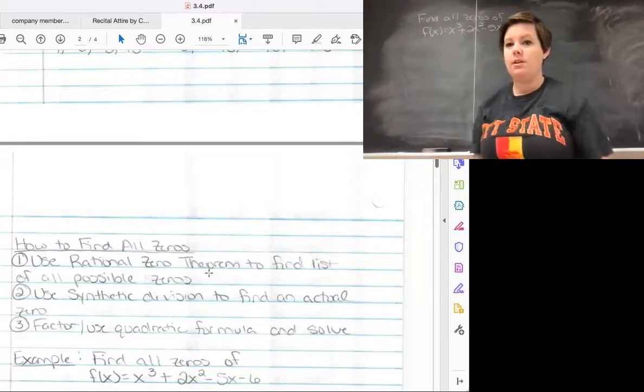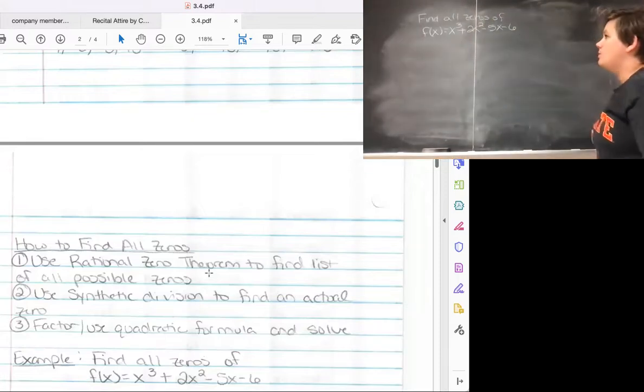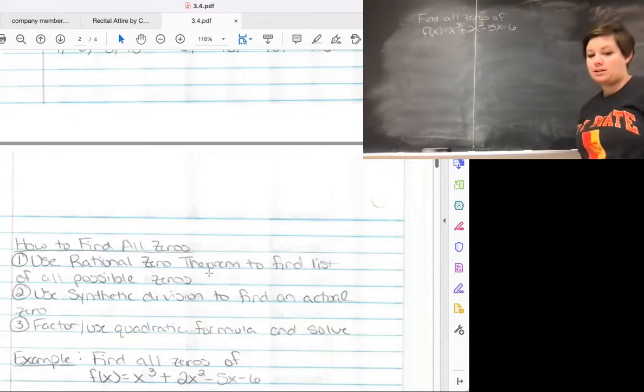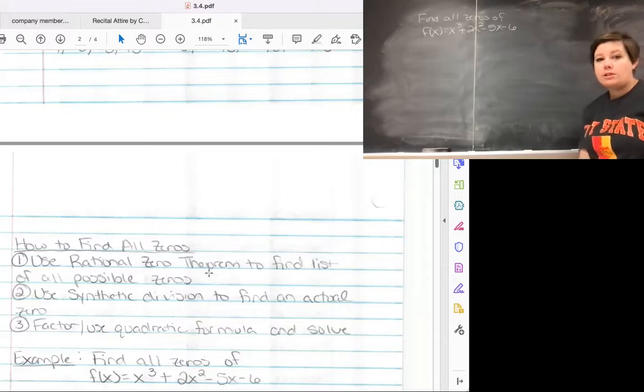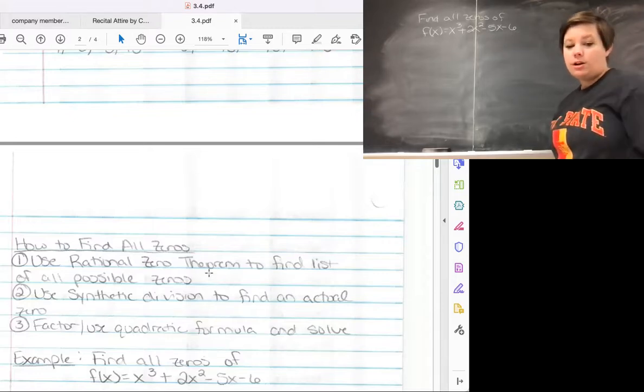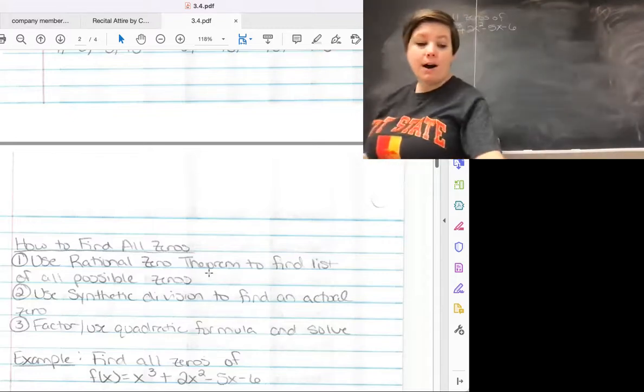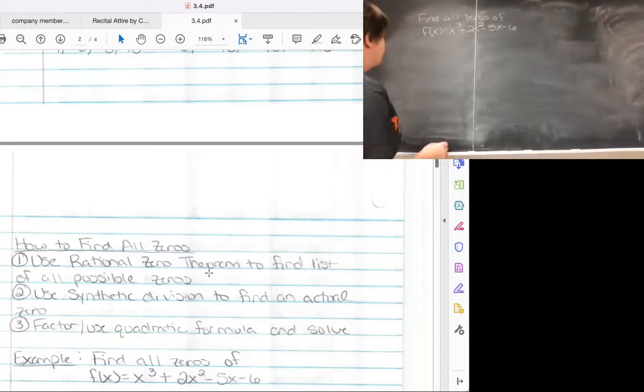So let's find all of the zeros for x to the third plus 2x squared minus 5x minus 6. First step is we're going to use the rational zero theorem or the rational root theorem in order to find all the possible zeros. So that is going to be the constant over the leading coefficient.